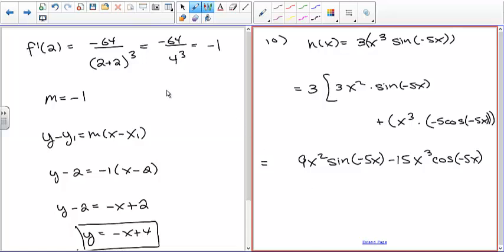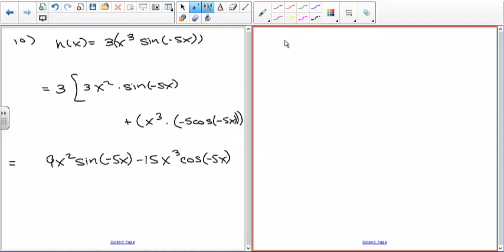And the last one. Okay, so this was worth 30 points. H of x equals the square root of x cubed minus 3x times x cubed plus 4.